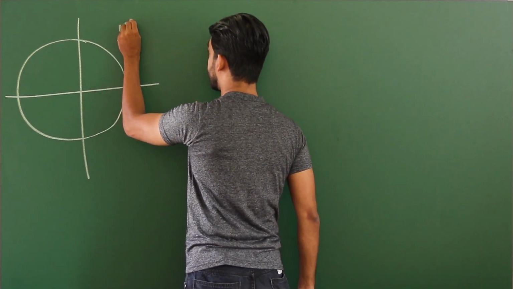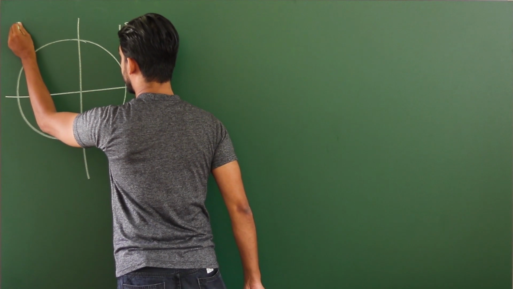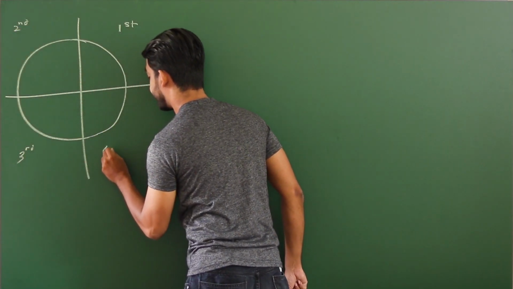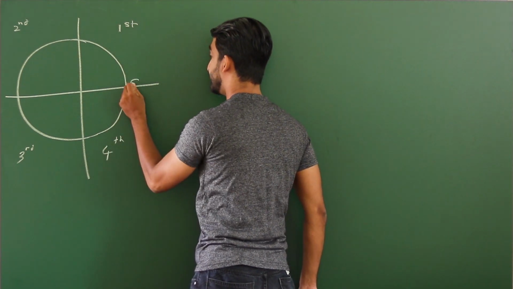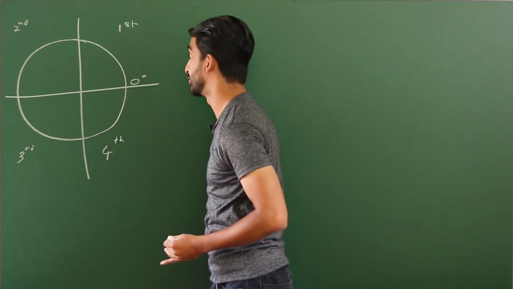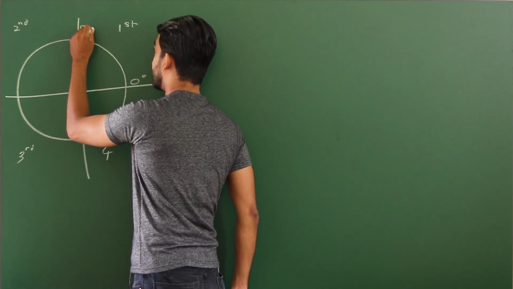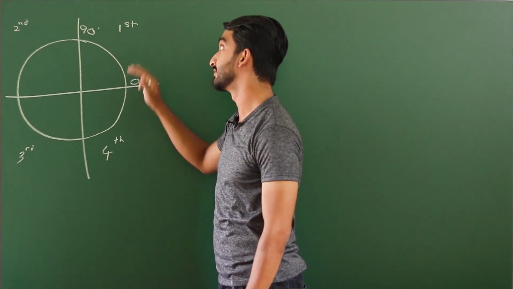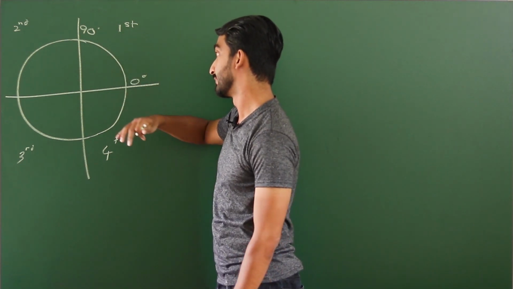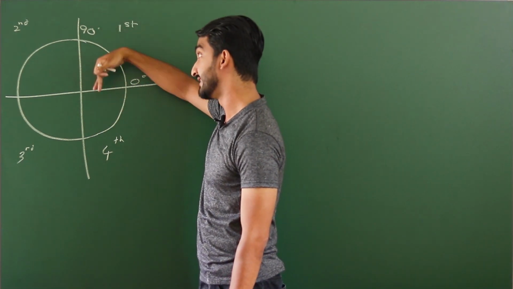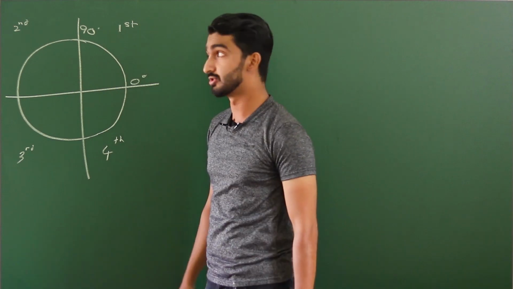This is the first quadrant, this is the second quadrant, this is the third quadrant, and this is the fourth. So, if this is 0 degrees and we consider anti-clockwise as the positive direction, now this is 90 degrees. So, every angle between 0 and 90 degrees comes in the first quadrant. For example, 40 degrees, let's say 80 degrees, belongs to the first quadrant.